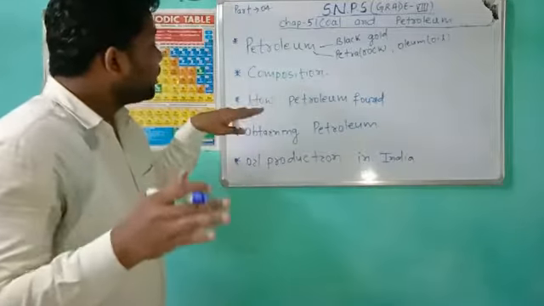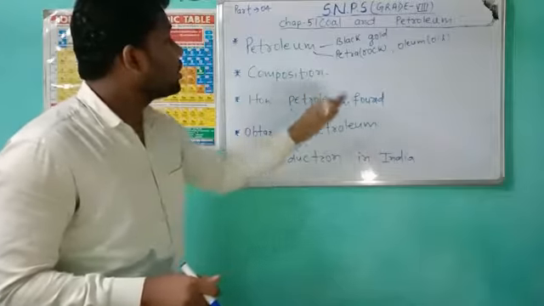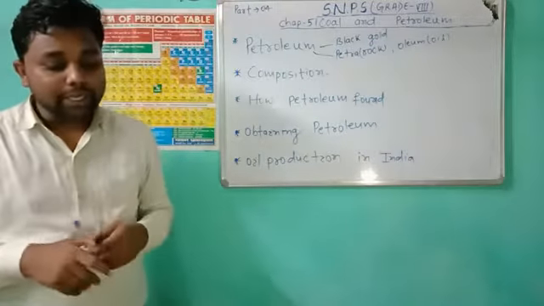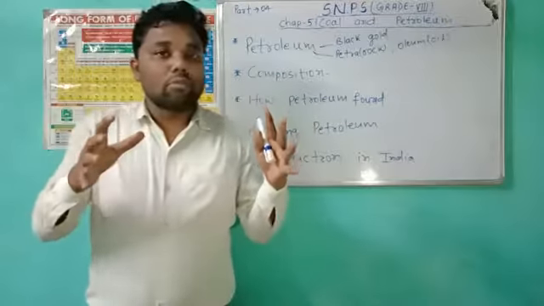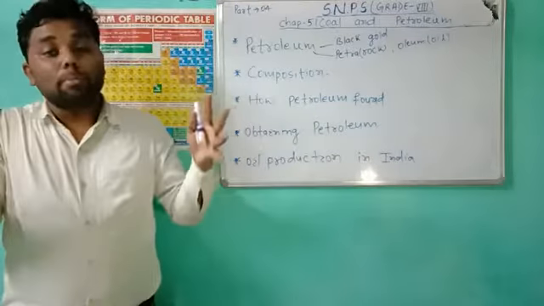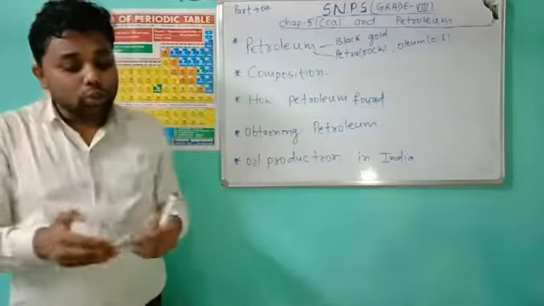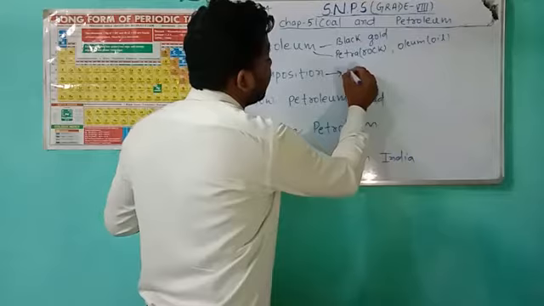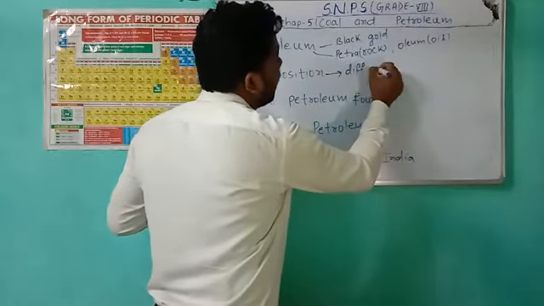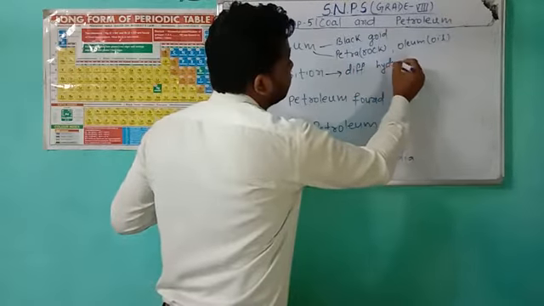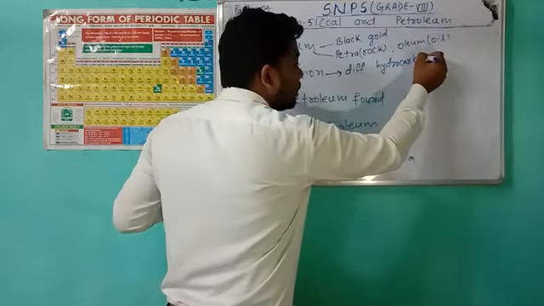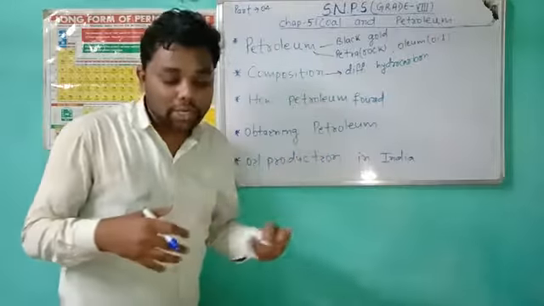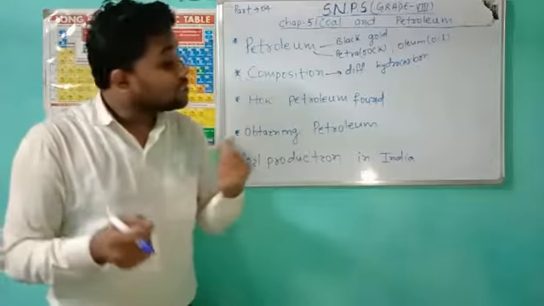So after this, what is the composition of petroleum? Petroleum consists of a large number of different hydrocarbons. That means the derivatives of hydrogen and carbon. The next is nitrogen.